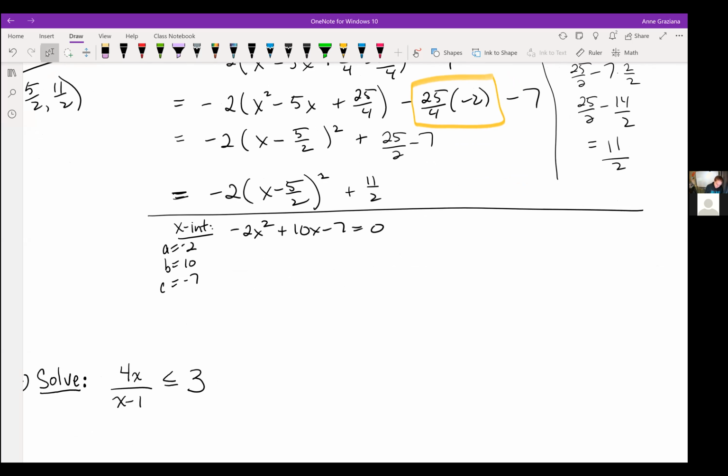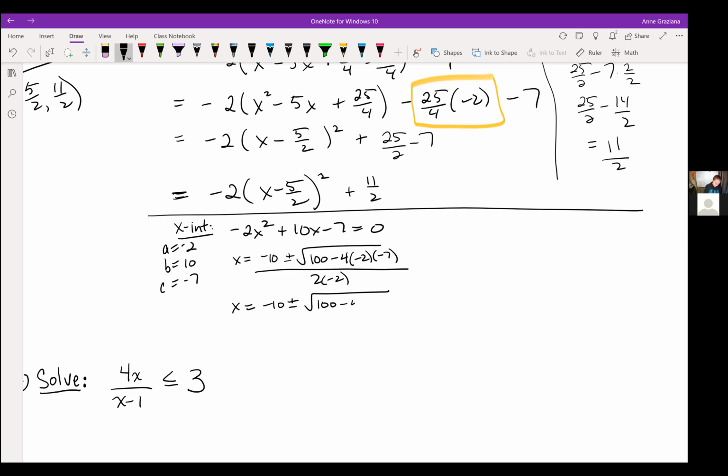All right, so x is negative 10. I'm going to take negative b plus or minus the square root of b squared, which is 100, minus 4 times a times c, all over 2 times a. Not nice. So negative 10 plus or minus the square root of 100 minus 8 times 7, which is 56.